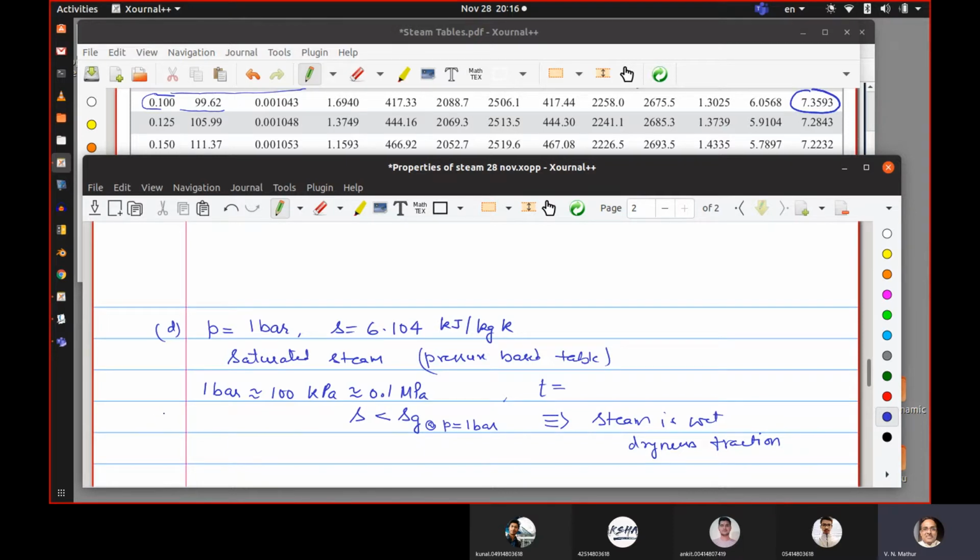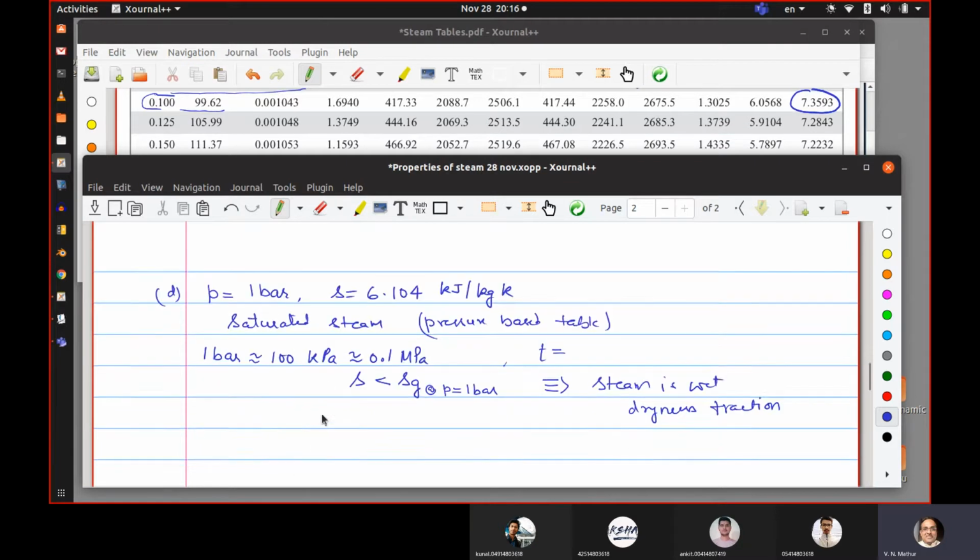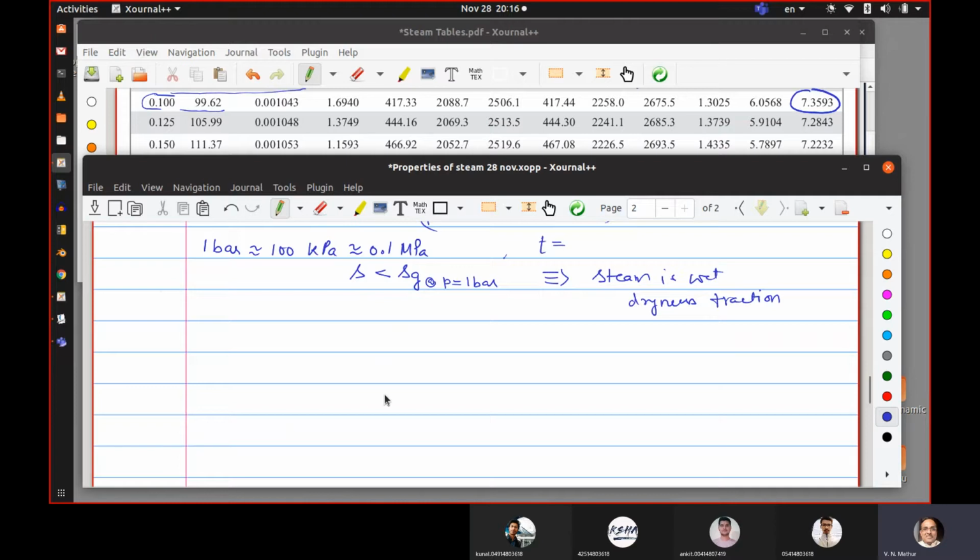But since the entropy value given in the problem is less than the entropy of the dry steam corresponding to this pressure, the steam is wet. Once you have determined the purity of the steam, we can solve for the dryness fraction.